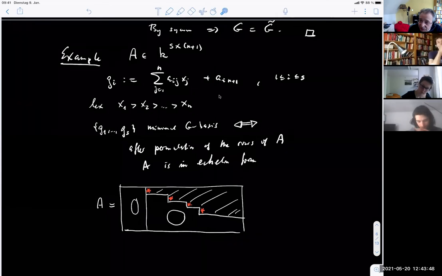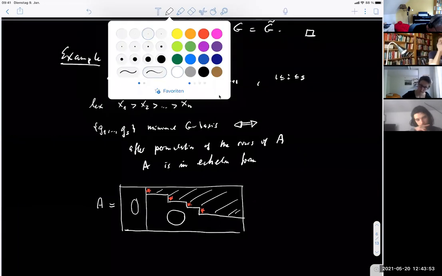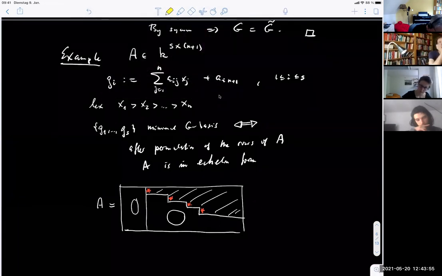So assume for a second I also had an element here, something non-zero. Then x1 would appear twice as a leading term. So I don't have minimality.